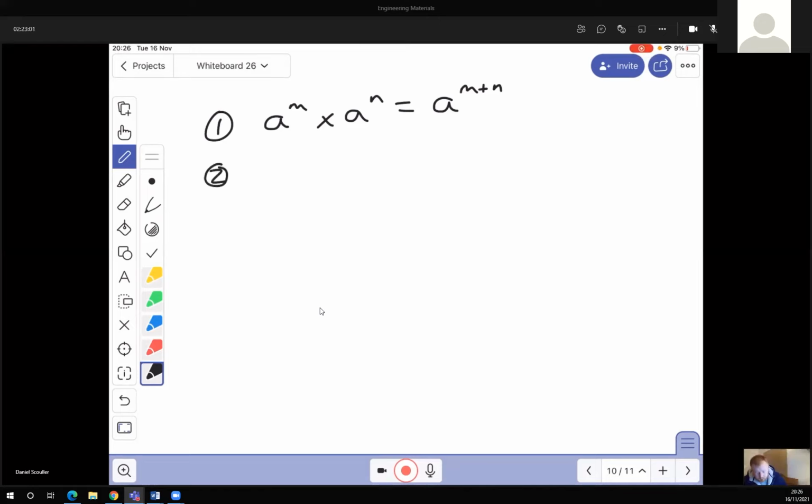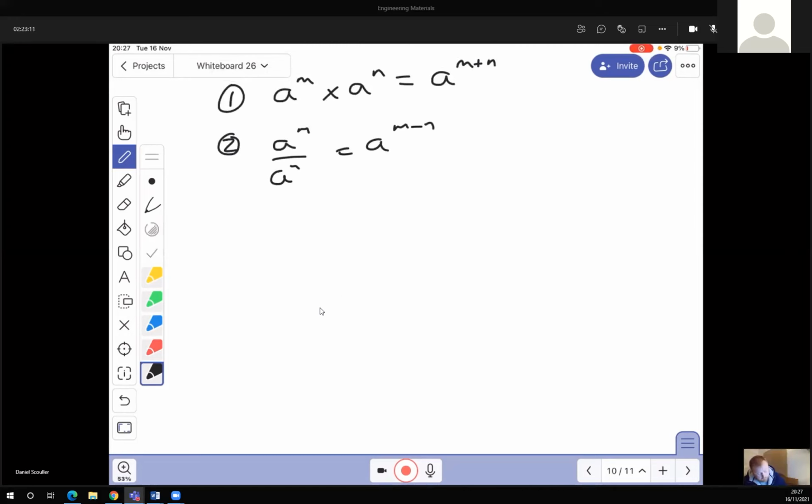Likewise, the division rule. The third rule we looked at was when we've got a bracket with the power outside it. That means you're multiplying the powers.